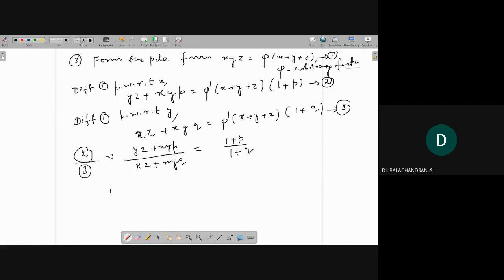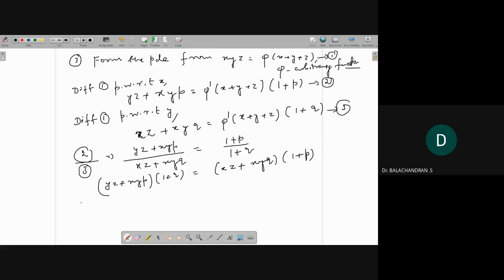So I will write for this problem. So yz plus xyp into 1 plus q is equal to xz plus xyq into 1 plus p.